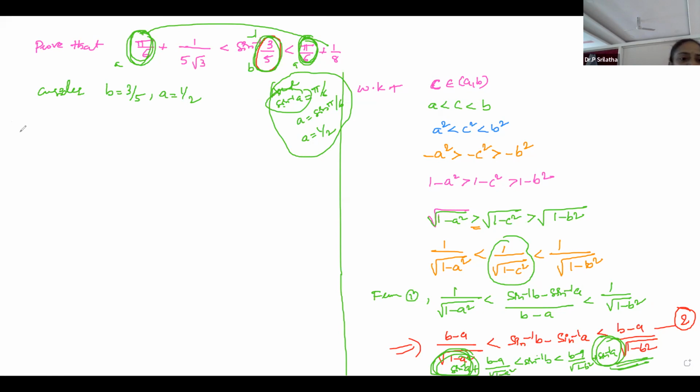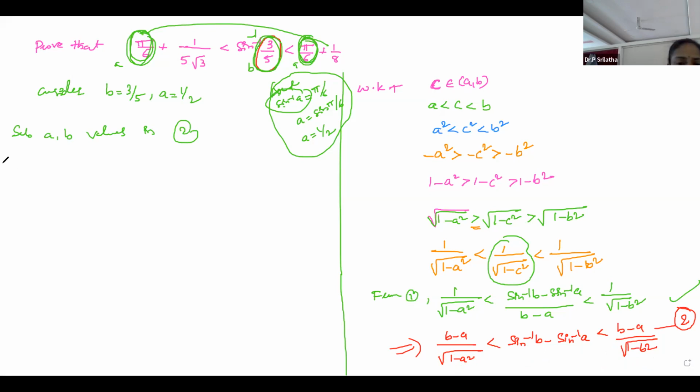Okay, so now substitute a, b values in equation 2. What is our equation 2? This is our equation 2, right? So substitute all the values in equation 2.